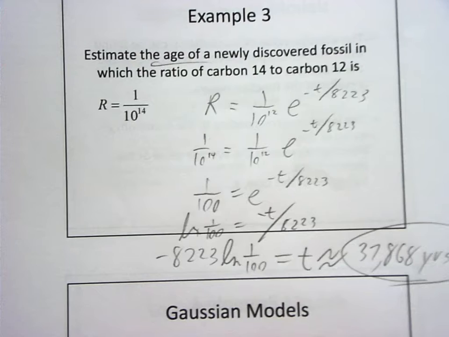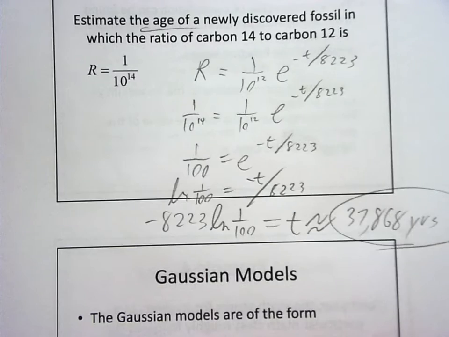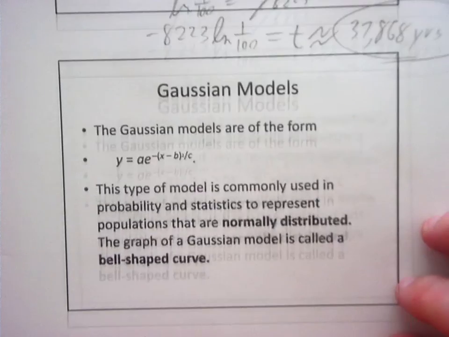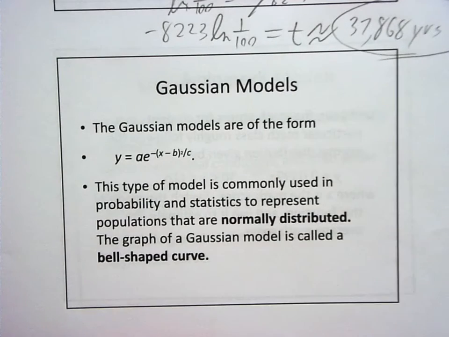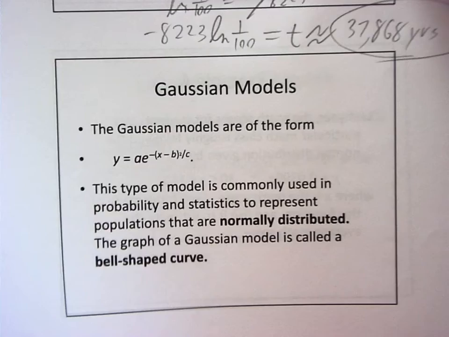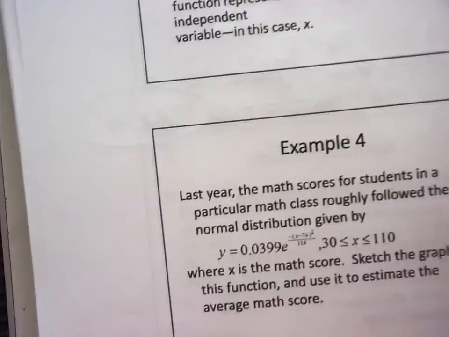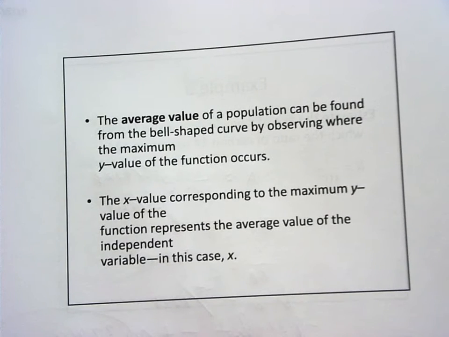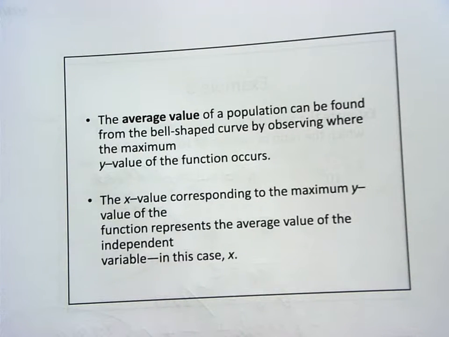Okay. Gaussian models. These are the ones that is your bell curve, or normal curve for those in stats. Properties of it, your average value is going to be the one in the middle. It's that maximum value in the dead center.